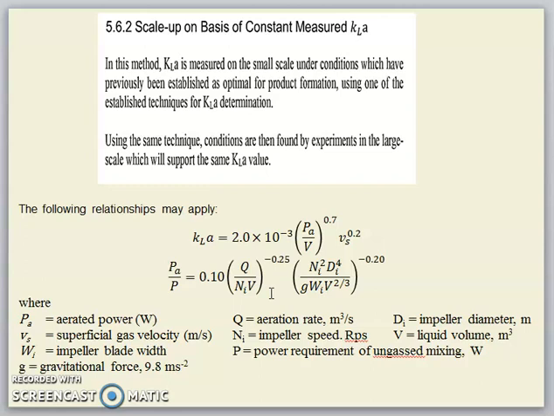In this method, the conditions are found by the experimental value for the smaller scale in order to design the larger scale of reactor.